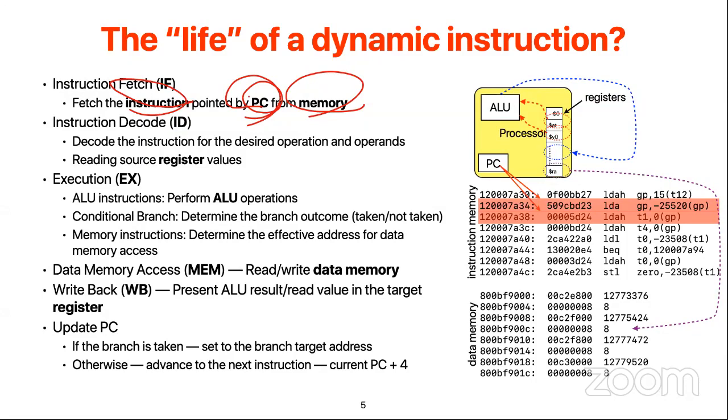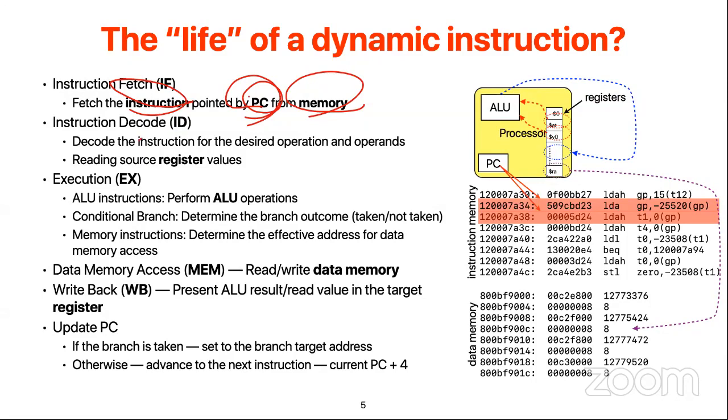If you are currently doing lab 2, the PC is actually the input of instruction memory, because the PC is nothing else than the memory address of your instruction. After getting that instruction from memory, the processor will have to decode the instruction to figure out the desired operation and the operands that the operation depends on.